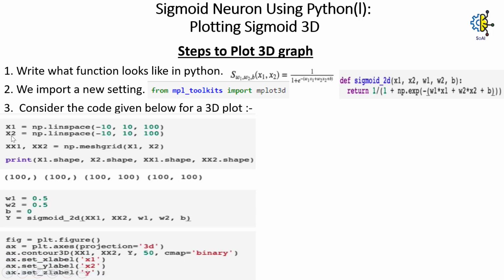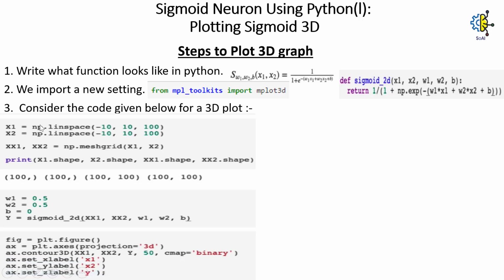You can see x1 and x2. x1 is equal to np.linspace(-10, 10, 100). x2 is equal to np.linspace(-10, 10, 100). In the next line, x1, x2 is equal to the np.meshgrid function with parameters x1, x2.